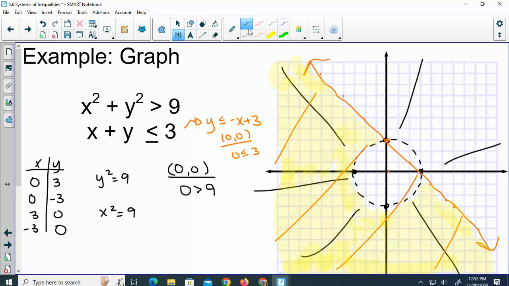So okay. Let's do one more nonlinear one.